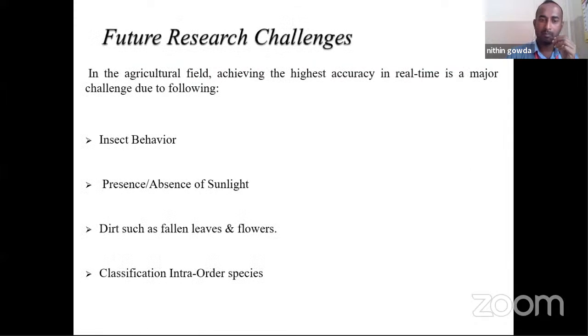Yes, it is not implemented in India. Still, we are using traps, just traps, where we use some oily sprays to attract the insects. What stopped you from implementing it in the field?